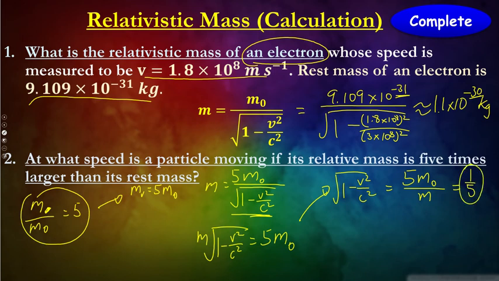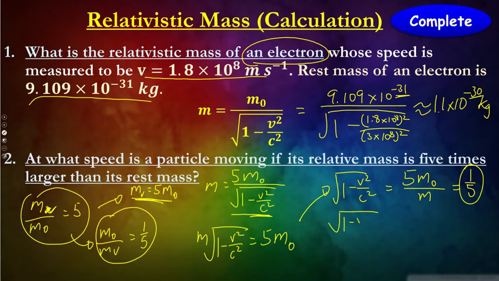If mv over m0 is equal to 5, then m0 over mv is 1 over 5. So we're saying that in comparison to mv, m0 is only a fifth of that. So let's rearrange our equation again: 1 over 5. Square both sides.